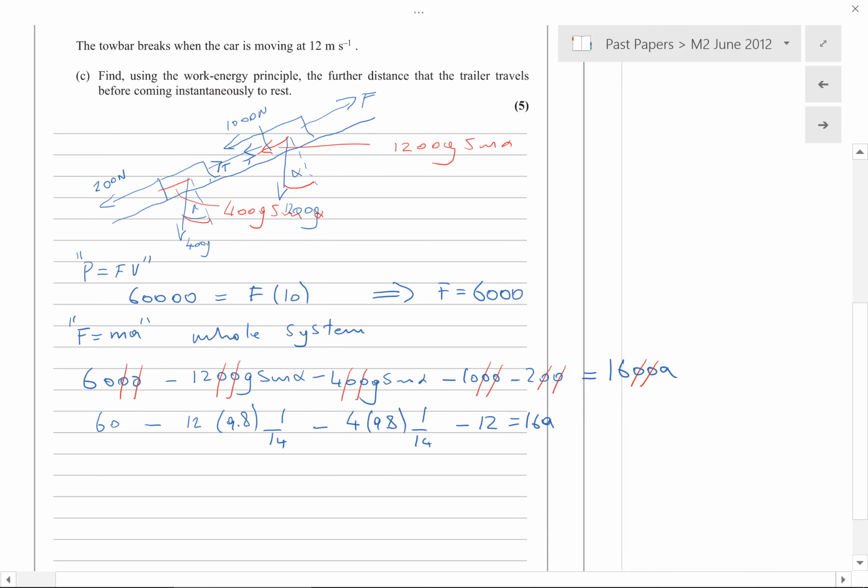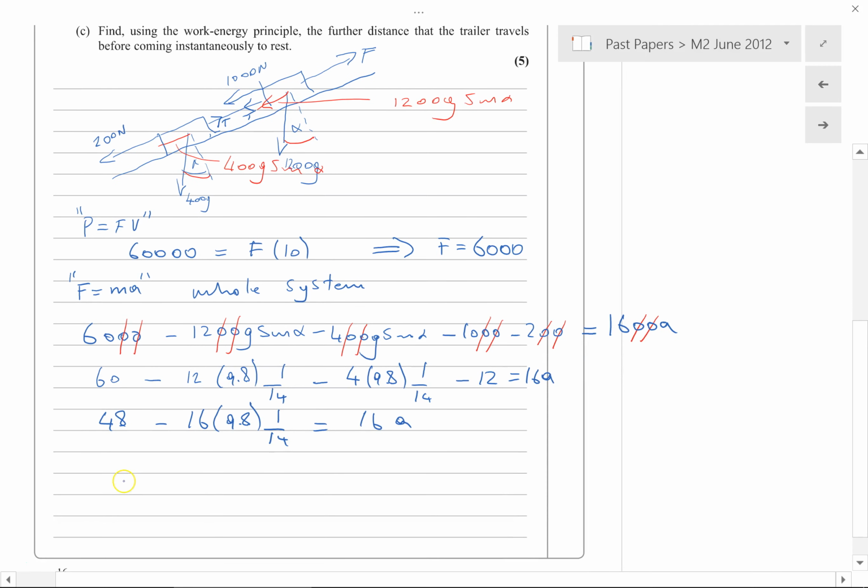Right, okay, so that gives me, maybe this isn't such a clever idea, 48 minus 12, let's combine these two, that's minus 16, 9.8 times 1 over 14 is equal to 16a.